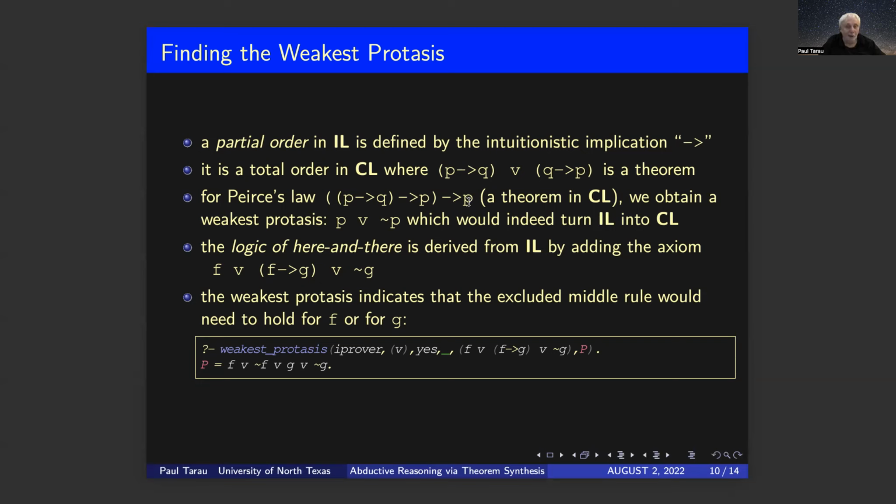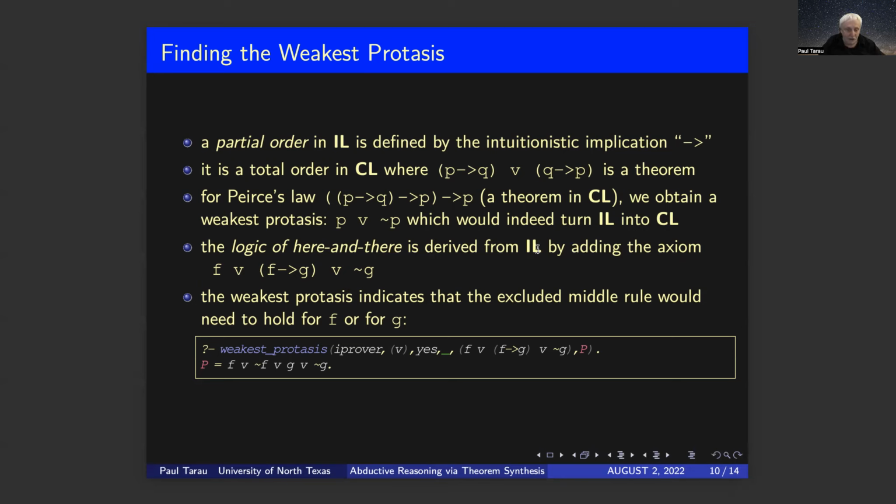Of course, Peirce's law is also an alternative axiom that you could add to intuitionistic logic to turn it into classical logic. Now, another interesting logic is the logic of here and there. It's derived from intuitionistic logic by adding this axiom. That's in one of the nice papers by Vladimir Lifschitz. So if you add this axiom, then you turn it into the logic of here and there.